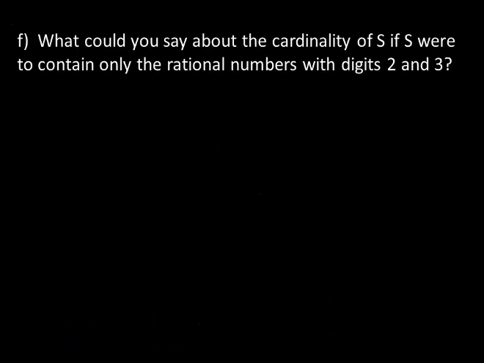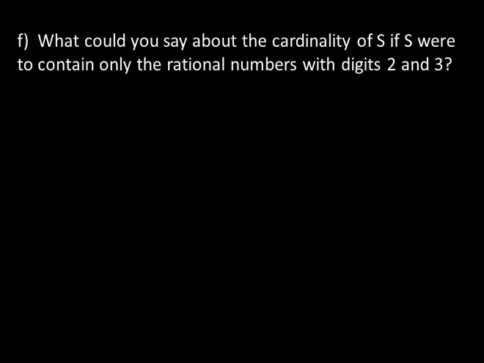Part F was extra credit on exam 2, but hopefully you can think about this now and understand. What could you say about the cardinality of S if S were to contain only the rational numbers with digits 2 and 3?